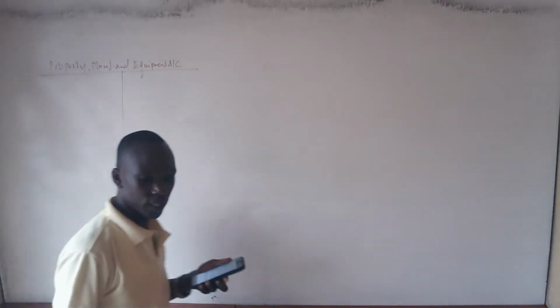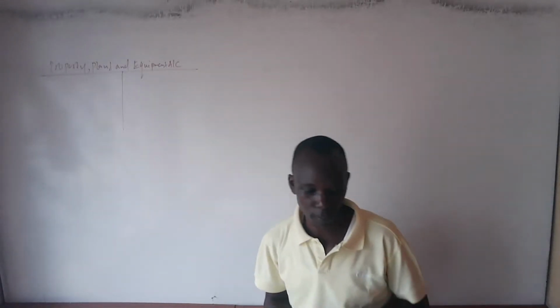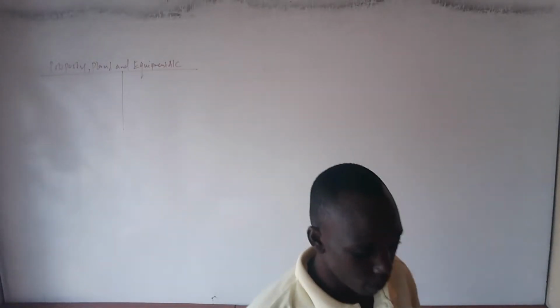So this is what we are given. You can see that we are not given the breakdown, and anytime we are not given the breakdown, we open the property, plant, and equipment account at the net book value. Give me the balance brought down.